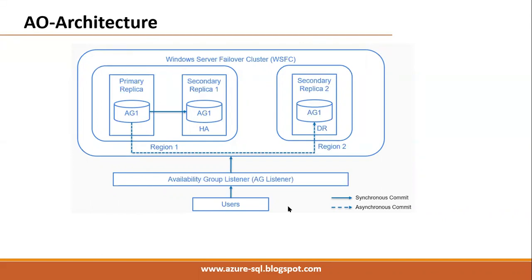So we can have synchronous commit, synchronous mirroring, and asynchronous also. The same endpoint, 5022, is used here also. In Always On, the same endpoint is used similar to mirroring.